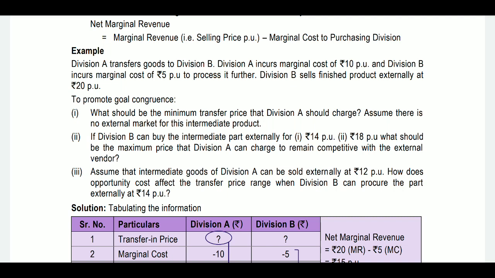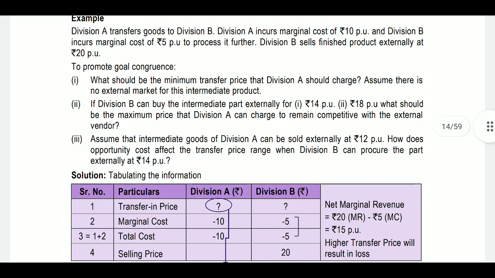When you are purchasing, your mentality is that maximum this much we will pay, and in case of the supplying division, minimum this amount we must get. When you are spending, we see the maximum. When you are getting, we see the minimum. We will not spend more than this amount. That type of mentality is always there for these divisions.